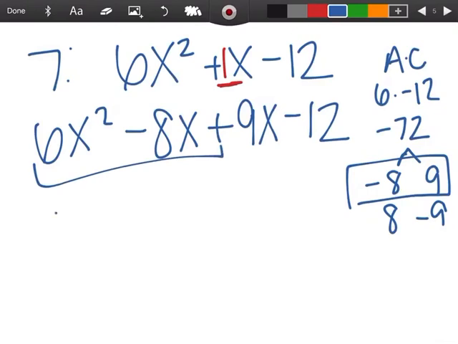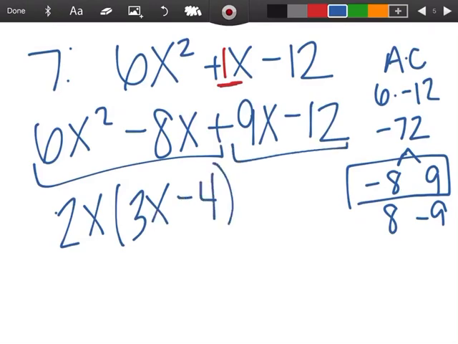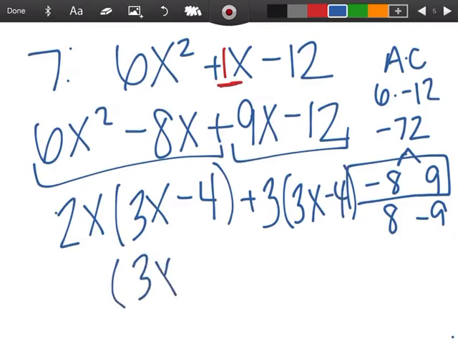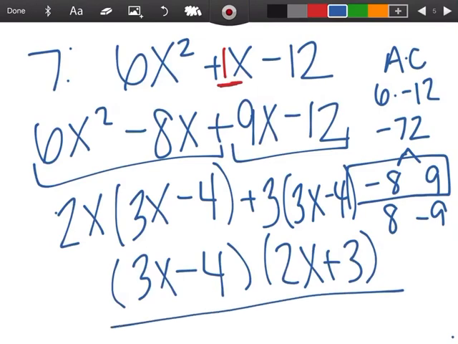So 6x squared minus 8x, take out a 2x, I'm left with 3x minus 4. And then 9x minus 12, I'm going to take out a 3, and I'm left with 3x minus 4. So I get 3x minus 4 and 2x plus 3, and that is my answer.